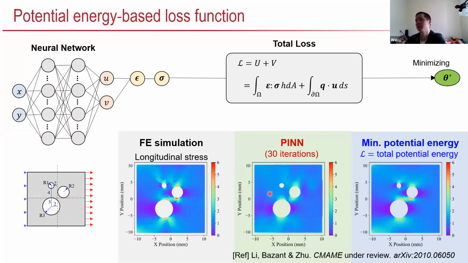For the PINN, it basically predicts the distribution, but the concentration factor is not correct. With the potential energy method, we can get a better result. But this doesn't mean this method cannot get a good accuracy. It's only because the parameters are very difficult to tune.